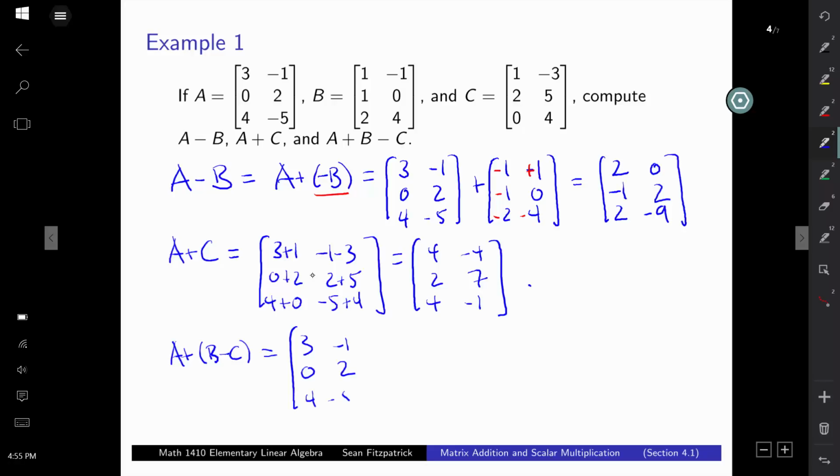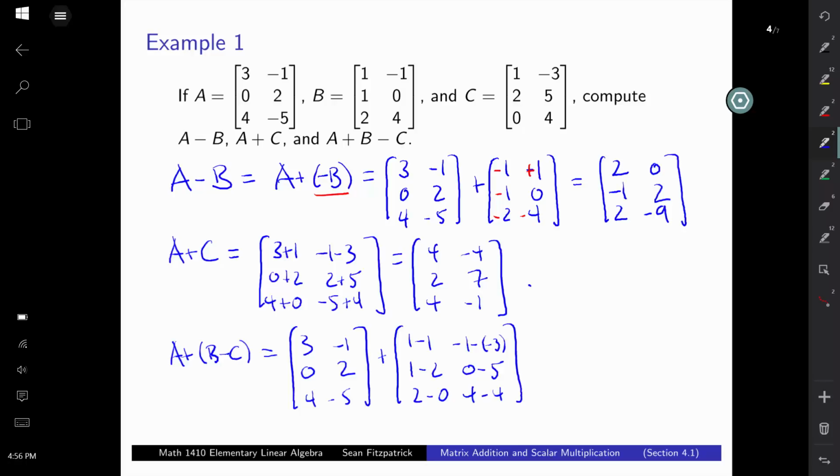I'm going to write down A, and then I'm going to do B minus C. So what is B minus C? 1 minus 1, minus 1 subtract minus 3, 1 minus 2, 0 minus 5, 2 minus 0, 4 minus 4. Okay? So this is B minus C. I've done the entries of B and subtracted off the entries for C.